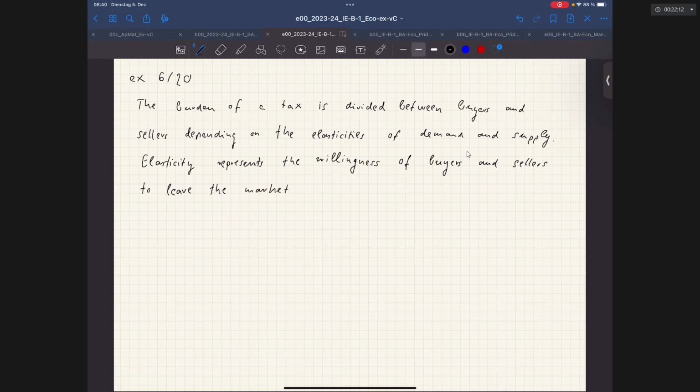Maybe not only the willingness to leave the market, it's about responsiveness as well. To what extent I tend to respond to an increase in price, for sure, but here it's more about leaving the market, which in turn depends on their alternatives. And that's how we had the discussion last week.